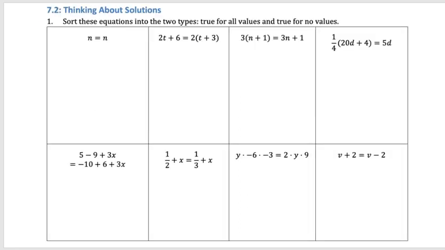Okay, so head down to section 7.2, and we're going to take a look at some equations, and we've got to decide if the equation is true for all values or true for no values. These are the two different categories that we're going to put these equations in.